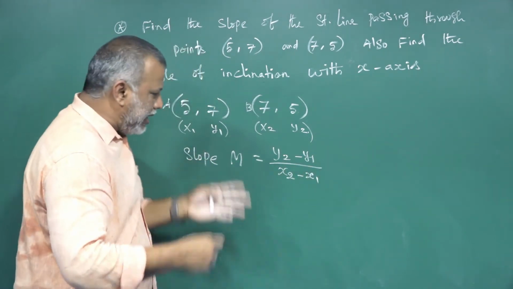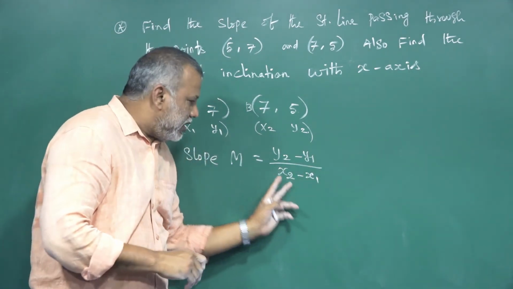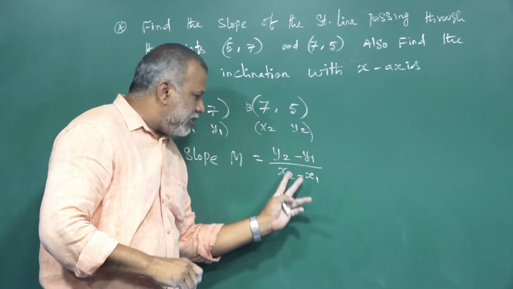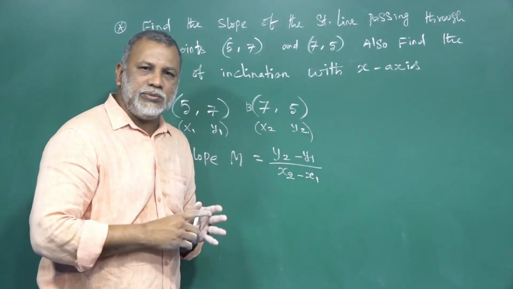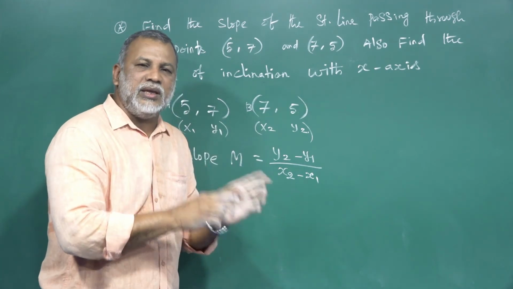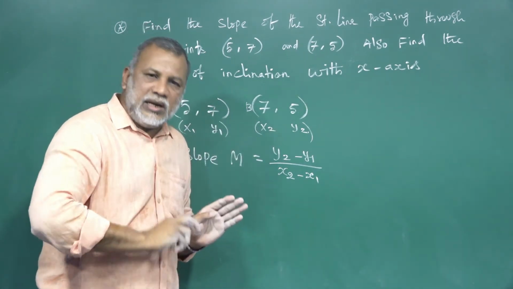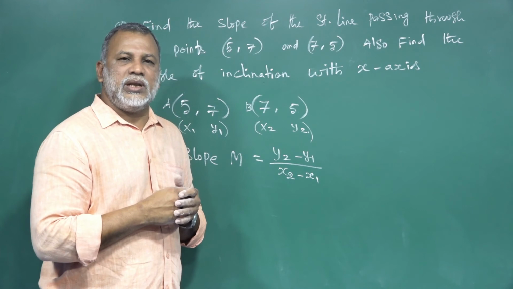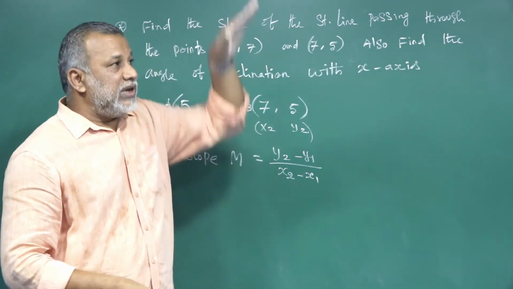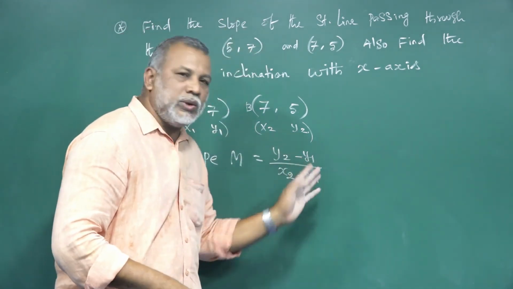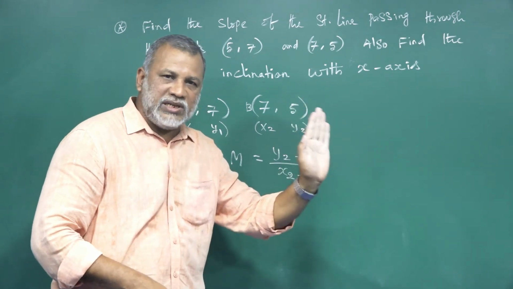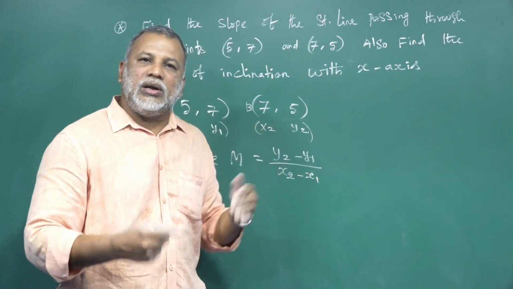So dear students, many students have some confusion, using x2 minus x1 in the numerator and y2 minus y1 in the denominator. So listen carefully. I am explaining: change in y coordinate divided by change in x coordinate, or you can say vertical change, y2 minus y1, divided by horizontal change.